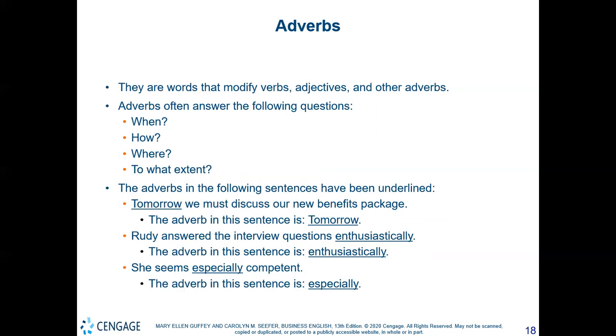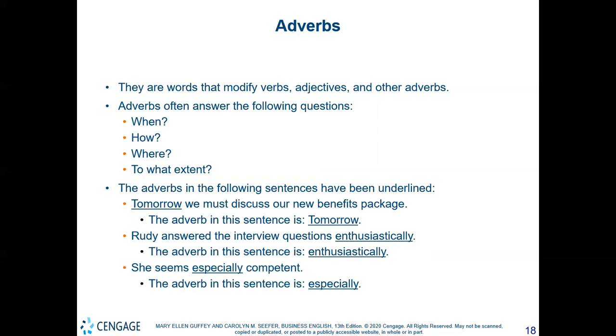The adverb in the sentence is tomorrow. Rudy answered the questions enthusiastically. The adverb in the sentence is enthusiastically. She seems especially competent. The adverb in the sentence is especially.